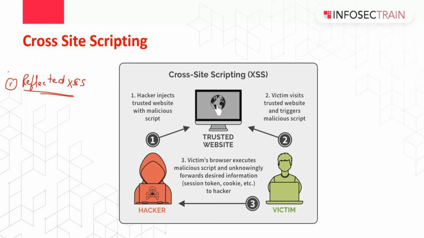If the victim won't click, it won't get executed. That's why reflected cross-site scripting needs social engineering, where the attacker has to trick the victim into clicking the malicious link.